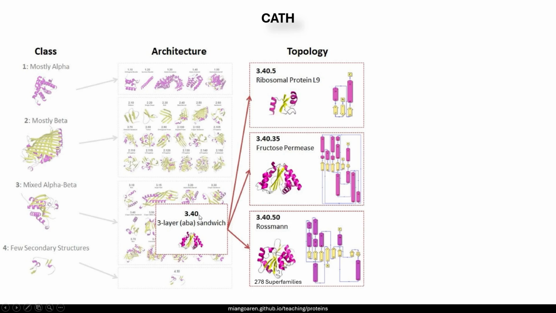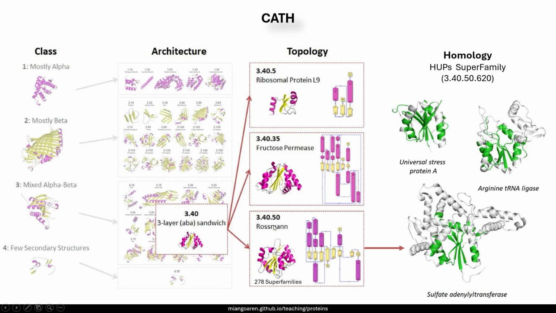Now we have an index which is 40, which is now called a 3-layer sandwich in particular. And now, within this architecture that is 3 layers, we now have different topologies, indicated with a new digit, which would be 53550, where we now find slightly more refined names, such as L9 ribosomal protein, fructose permease, or rosmin.